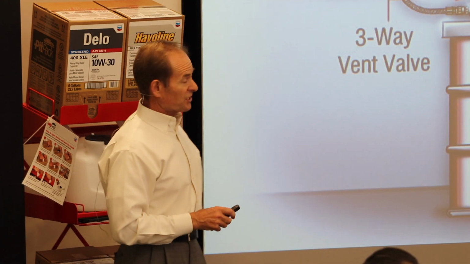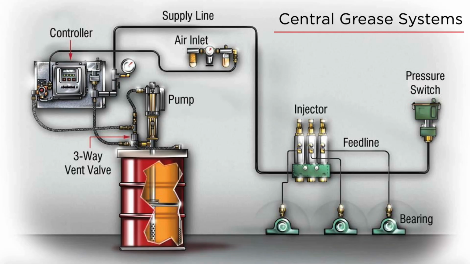This is a schematic of a centralized grease system. This is the kind of system where you might ordinarily use a number 1 grease because you're pumping it, right? This is powered by plant air and going through a controller to a set of injectors. On a given timed interval, it triggers the injectors, loads them up with grease, and then triggers them to release the grease into the bearing.